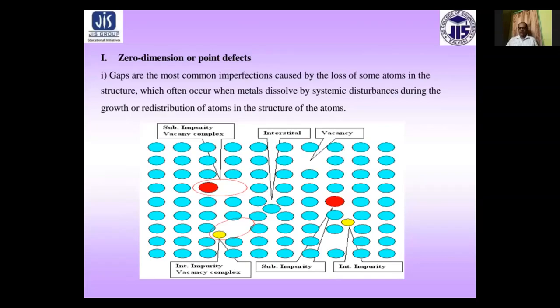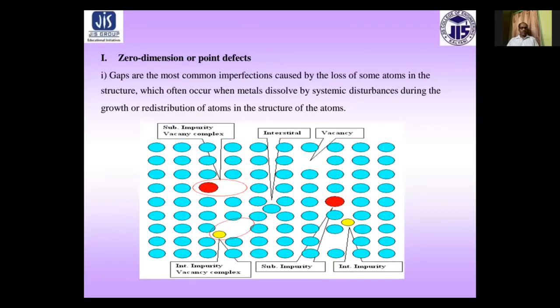Point defects are likely to come into the crystals due to the presence of impurity atoms. The most common imperfection in impure metallic crystals is shown in this figure.